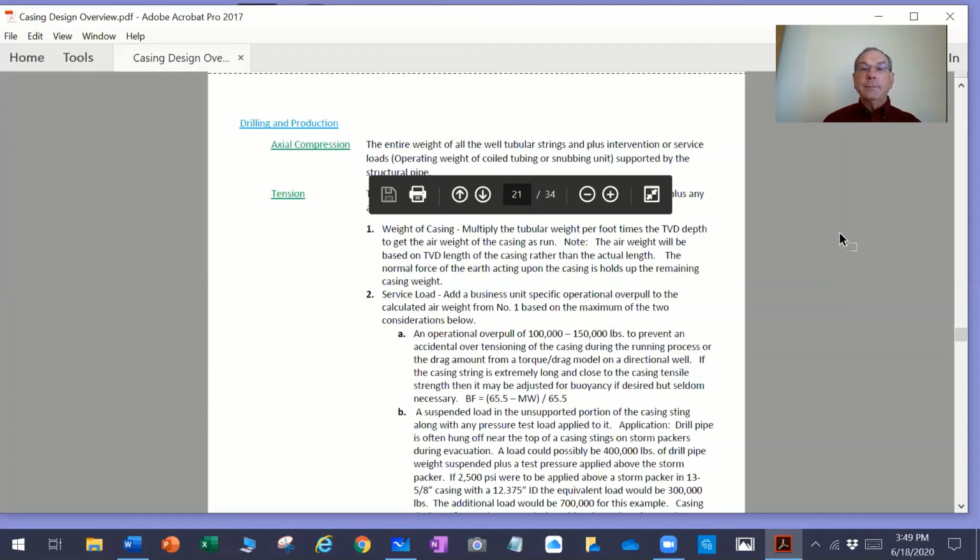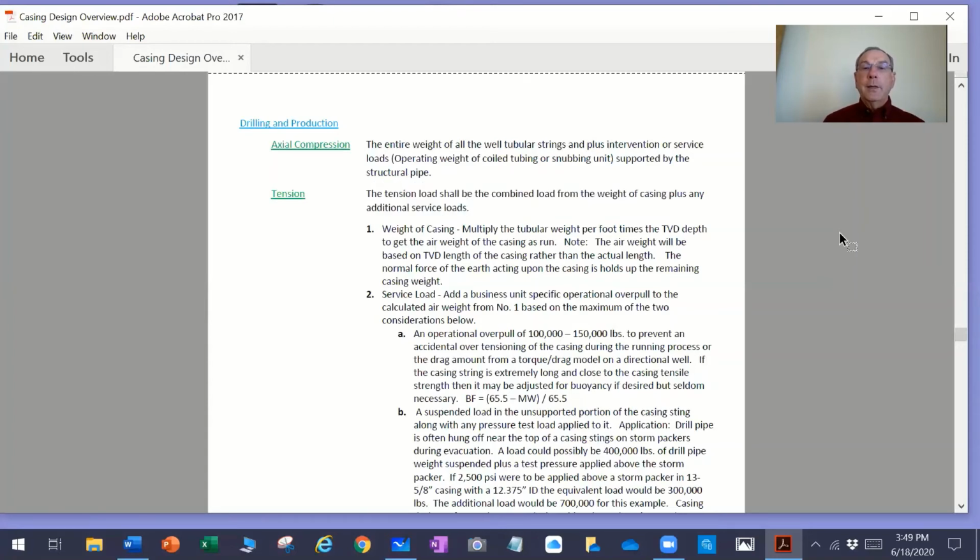Now, the tension is, generally speaking, the combined load of the weight of the casing plus any additional service loads. The way I think of it, and different people could argue with me, the actual weight of the casing that you're going to support on the hook load, the air weight, is going to be the TVD depth times the weight per foot for the casing.